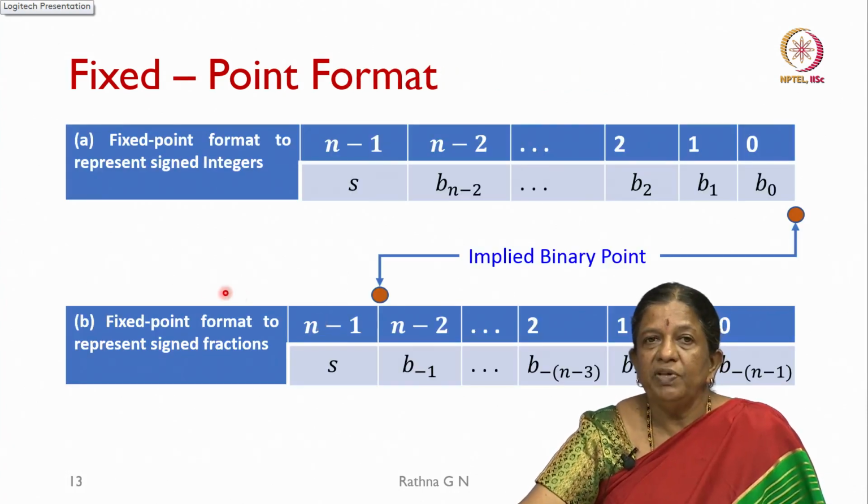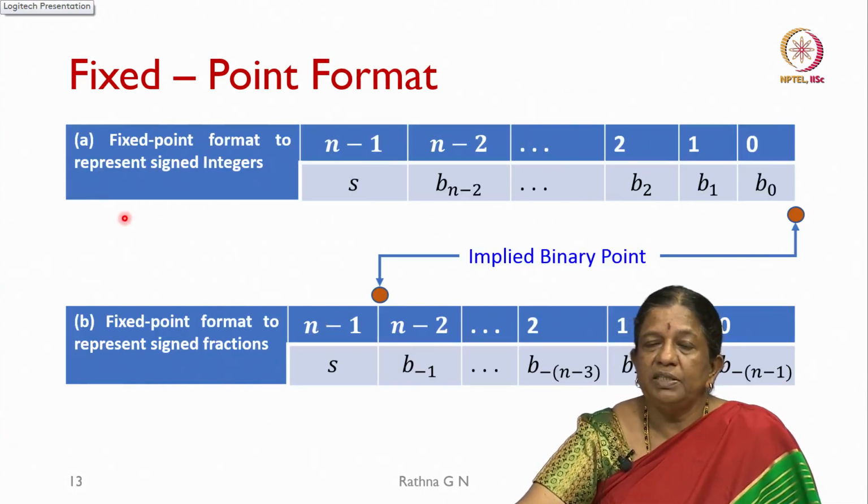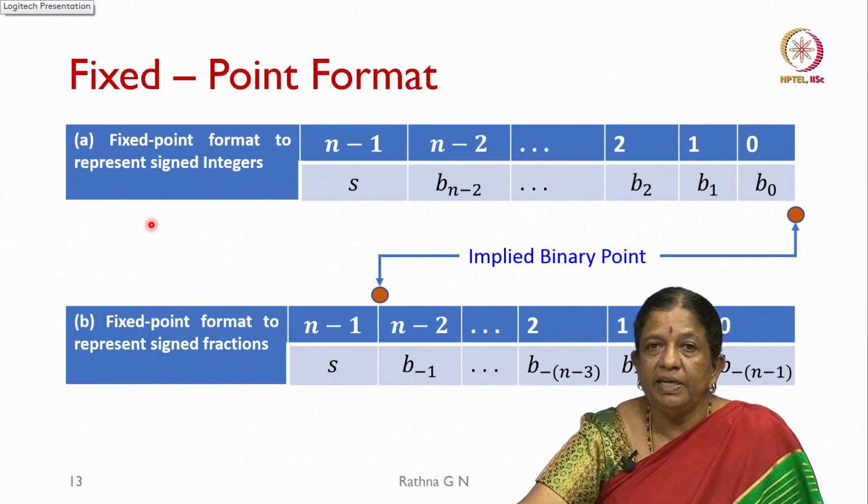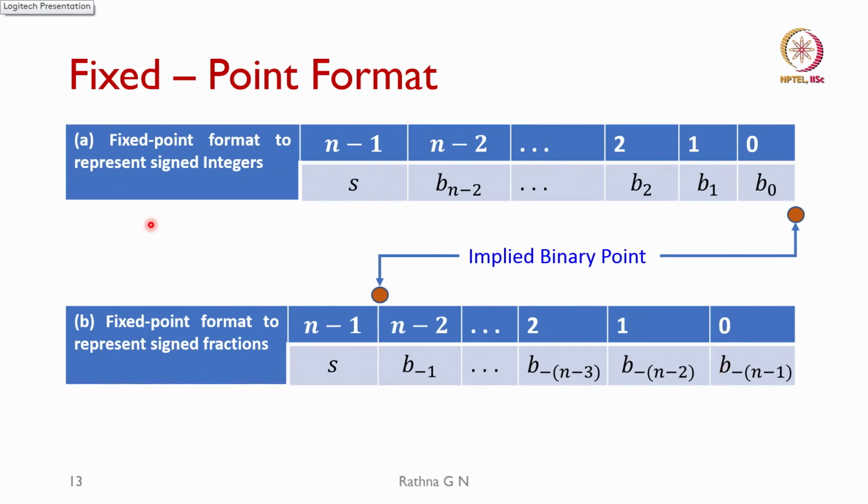Okay. Coming to the fixed point format and how we are representing it, all of us know that even the integer representation is a fixed point number system. But where is the point actually? You will see that we usually discard it, as it comes at the end of the number. So, the decimal point will be at the end of whatever number you have considered, and the same you will see in the fixed point format.